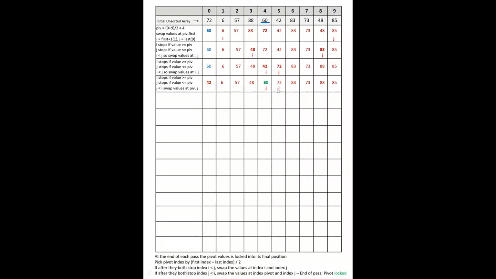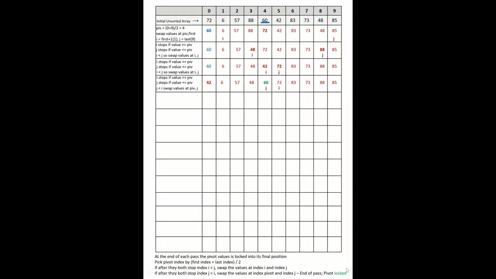Because when these two indices stopped, J was less than I, so we swapped the value at J, which was 42, with the pivot, which is stored at the first location. Okay, so we swap the 42 and the 60, and now the 60 is locked in.